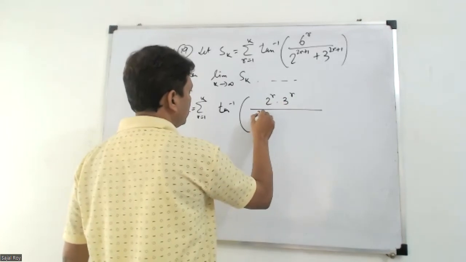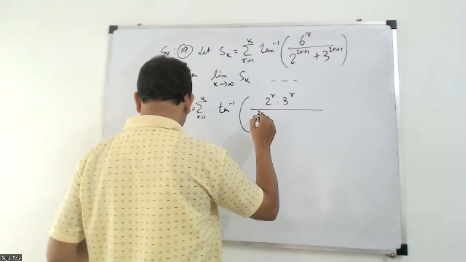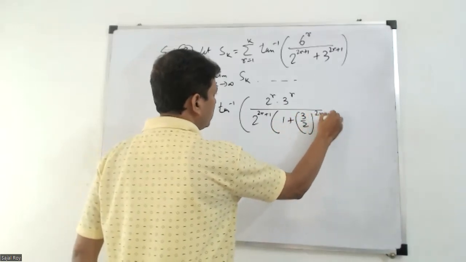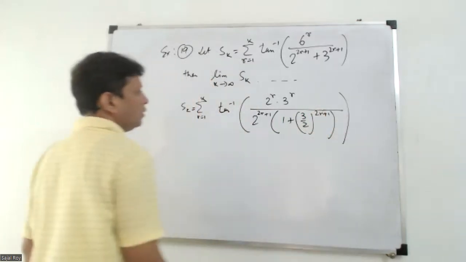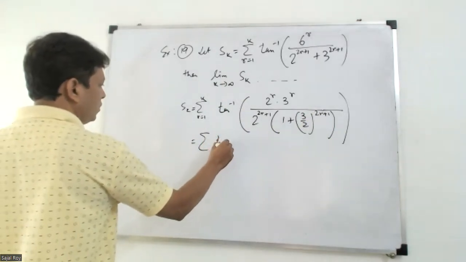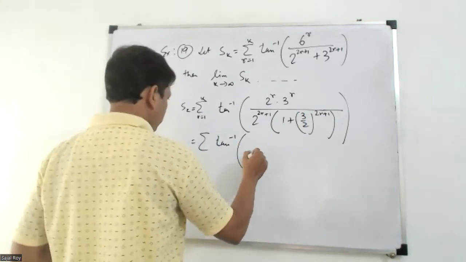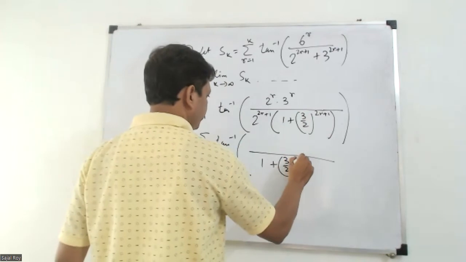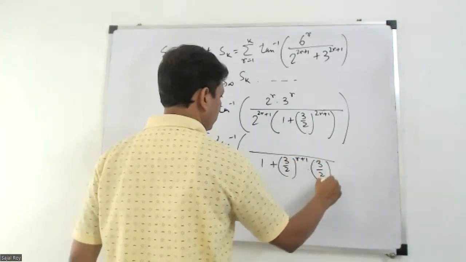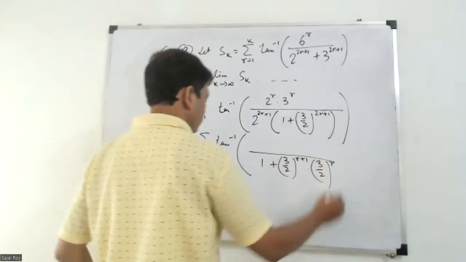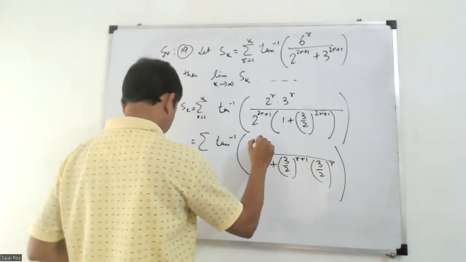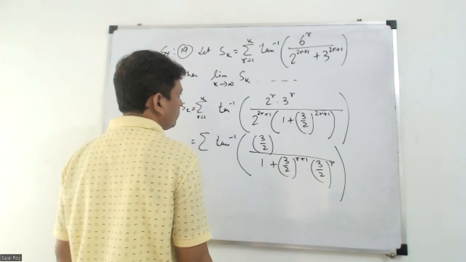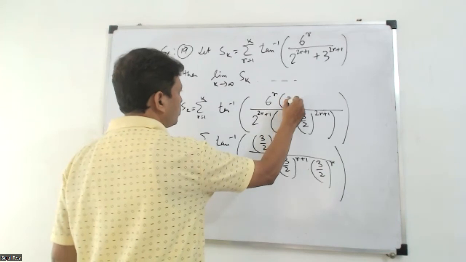Actually, if you write 6 to the power r into 3 minus 2, that will be fine.